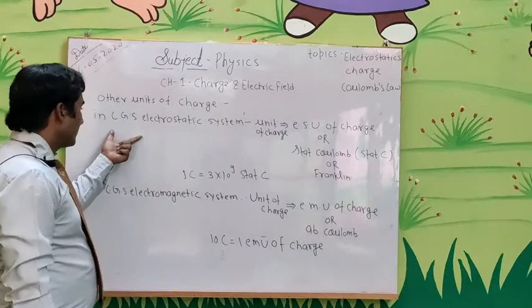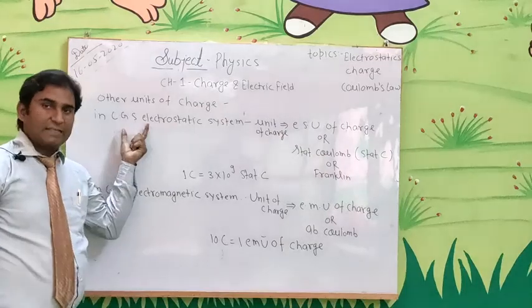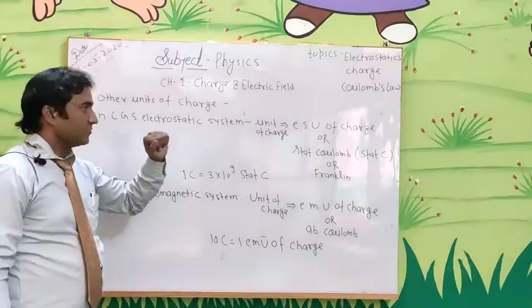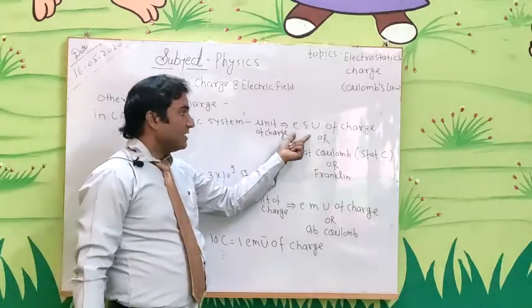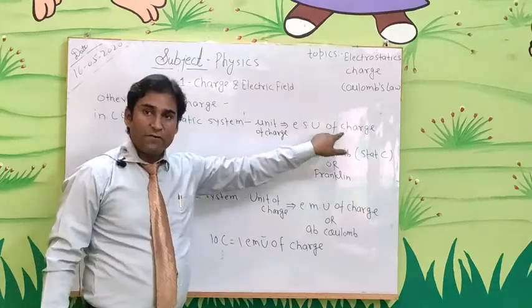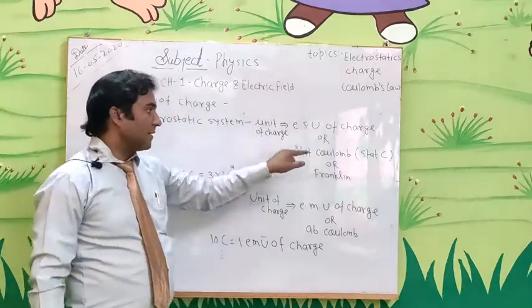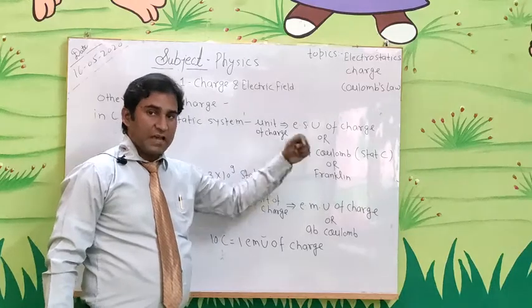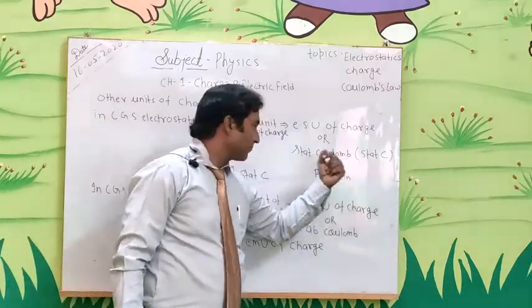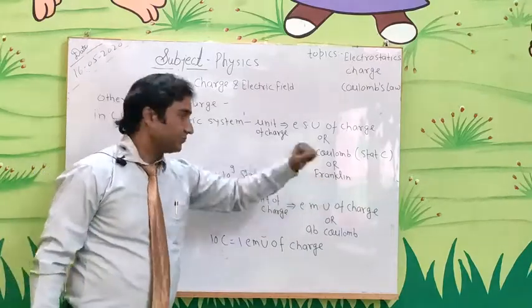Students, there are other units of charge in the CGS system. In the CGS electrostatic system, the unit of charge is the ESU of charge, that means electrostatic unit of charge. This is also named the statcoulomb, represented by statC, also known as the Franklin.